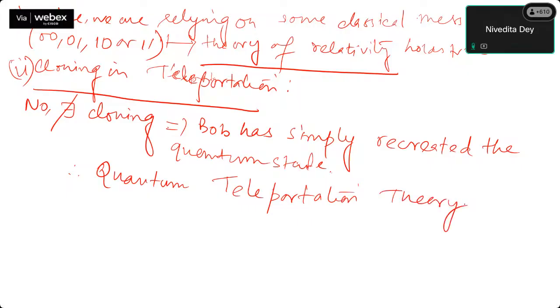So the observation we have seen in teleportation is that we are sending some classical information through a classical channel, some bits like 00, 01, 10 and 11, to Bob.